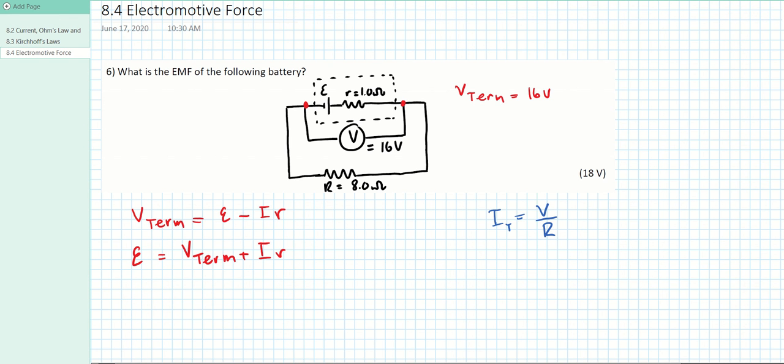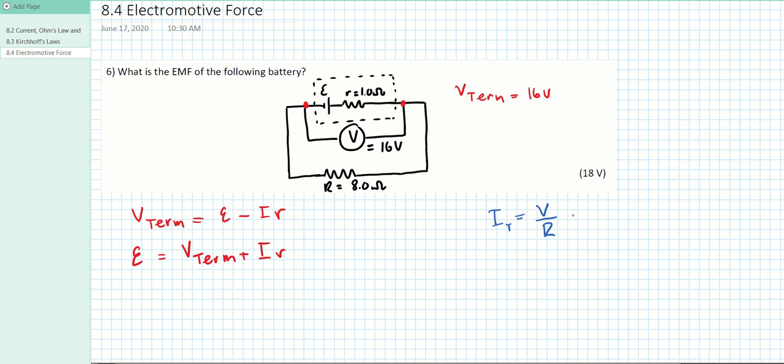total resistance. Now in this example, you can find the current in two ways. You can either use the terminal voltage and use the load resistor only, or you can use the EMF and then use the internal resistance, lowercase r, plus the load resistor, capital R. Because we don't know the EMF we're trying to find, we cannot use epsilon in this case.